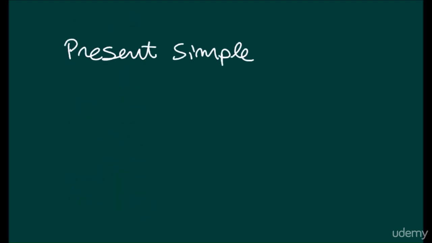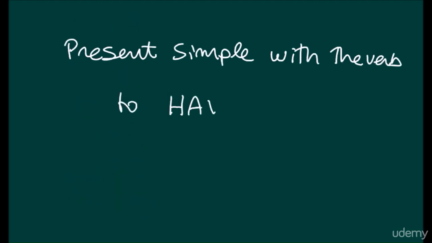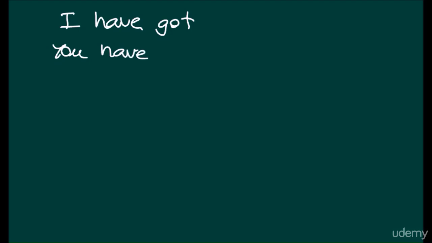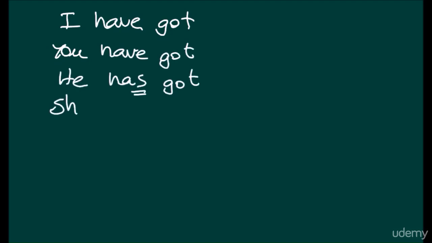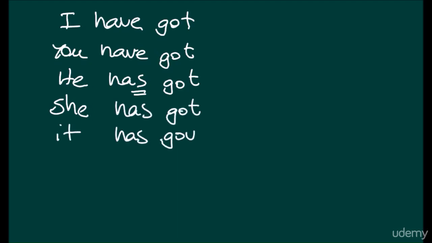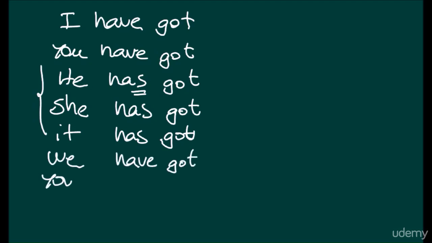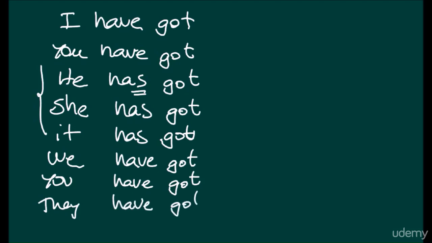2. If we want to use the verb have got, then we say, I have got, you have got, he has got, she has got, it has got, you have got, they have got, we have got.